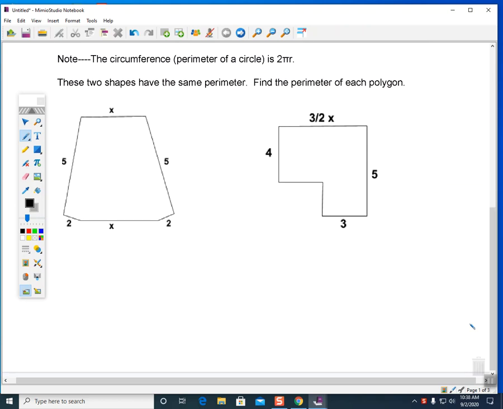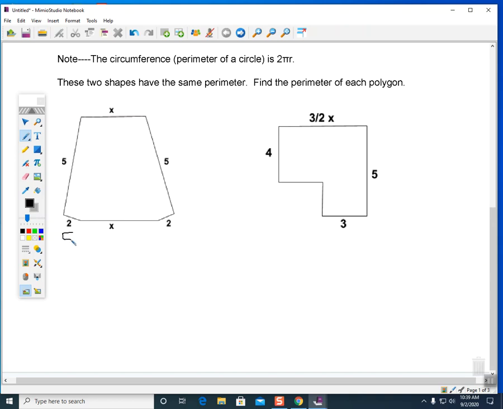So these two shapes have the same perimeter. We're going to find the perimeter of each polygon. If you remember, perimeter means that I'm going to add up the outside of my shape. So in order to do that, I just need to add up all of my sides, right? So I'm just going to go around in a circle here.